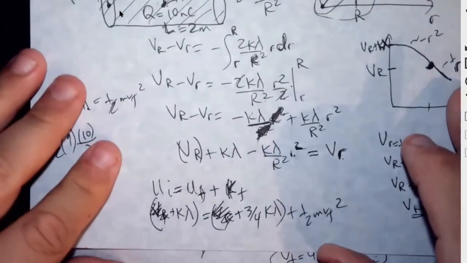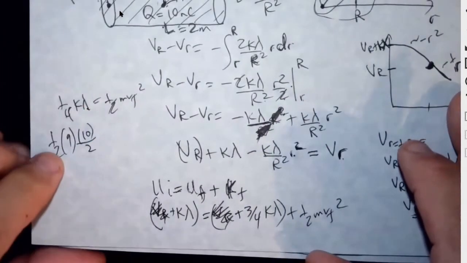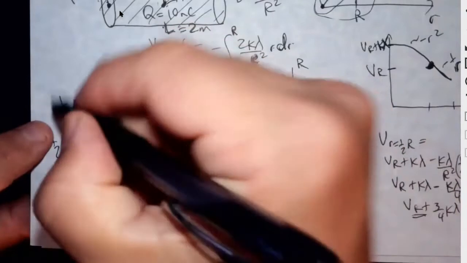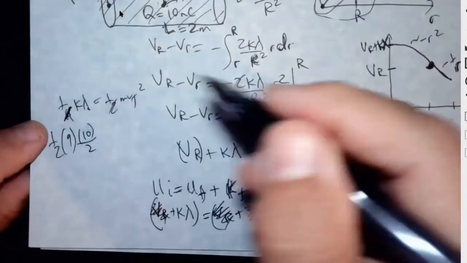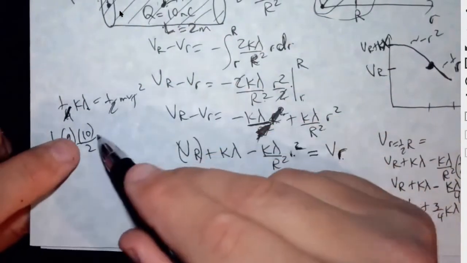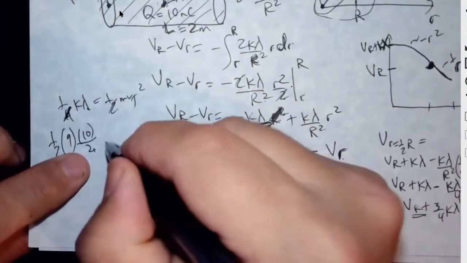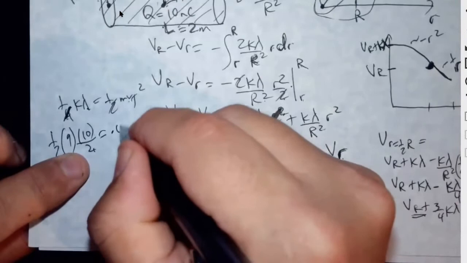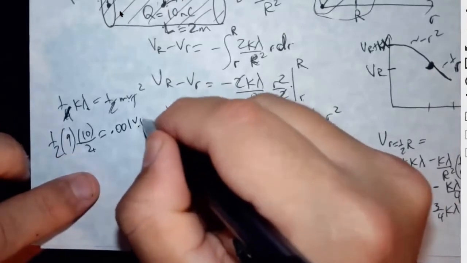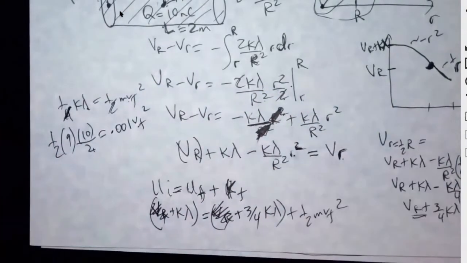Nice. Okay. So let's see, the 2 cancels the 4. 2, 9, 10 over the length, which is 2. Then you have the mass, 0.001. Okay, let's see what that comes out.